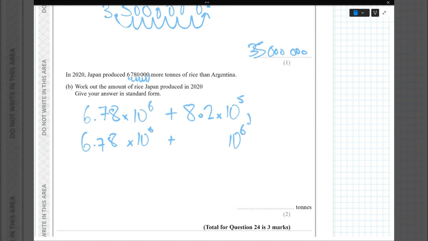So this number here has been multiplied by 10, so this number needs dividing by 10, which gives us 0.82. We then add those two numbers, the 6.78 and the 0.82, which gives us 7.6. So our answer is 7.6 times 10 to the power of 6. And that's our final answer.